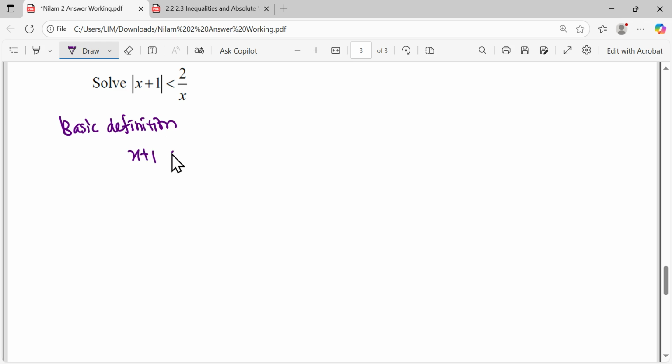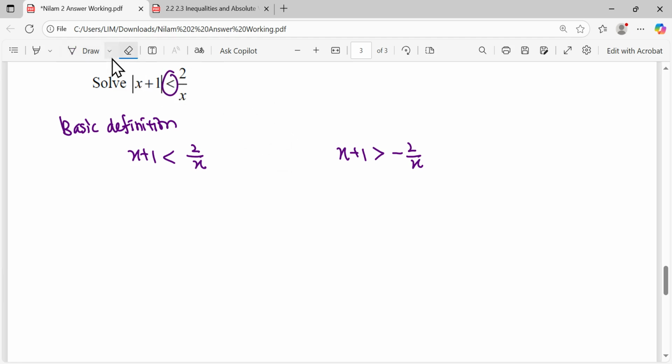One modulus open, it will be positive sign. Another one will be negative sign. So when negative function, you need to change sign when you multiply it negative. And what is our definition here? If you have less than, our definition here will be n. So what does this indicate?